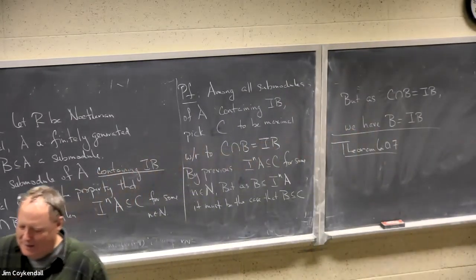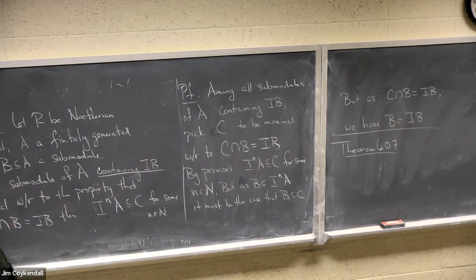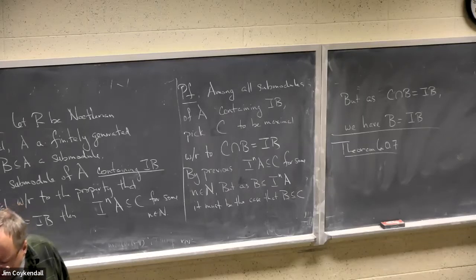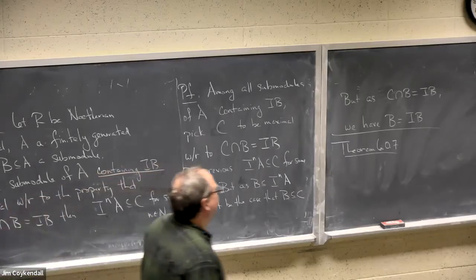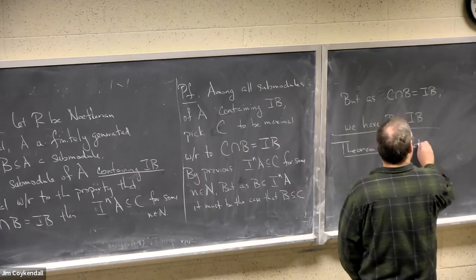Okay, so we're gonna introduce this theorem. This actually is gonna help us, down the road here, with Nakayama. So suppose we have a ring R, I an ideal of R, and A an R-module. Yeah, there's a lot of these caveats in here.